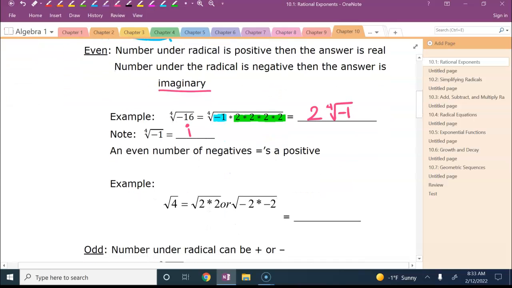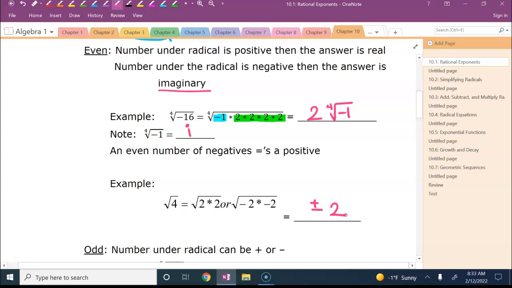Another example that you might see is when you're finding the answer of something, like the square root of 4. We know that we could do +2 times +2, or we could do -2 times -2. And so if I write my answer, it's going to be plus or minus 2.